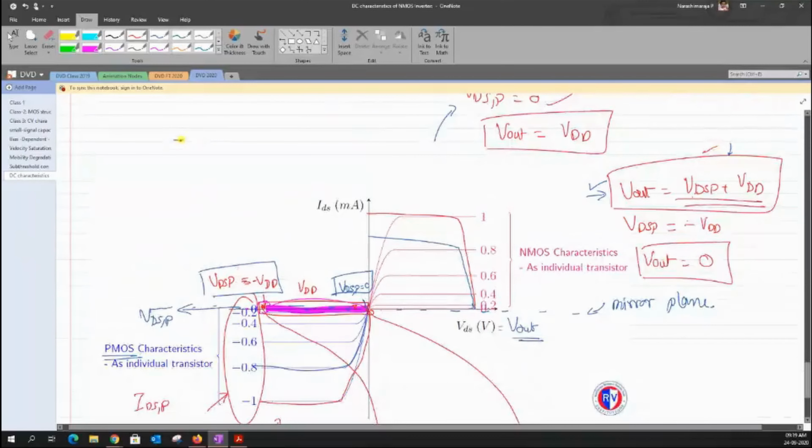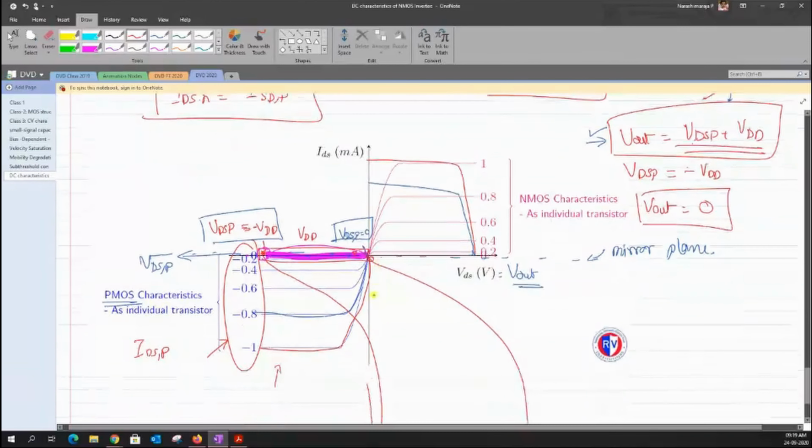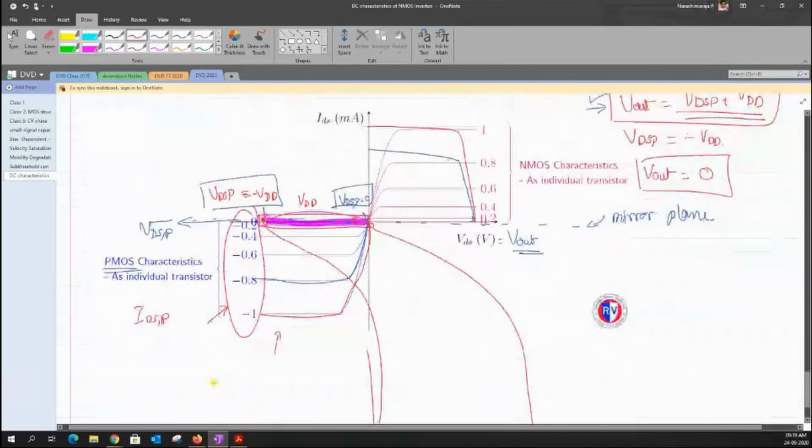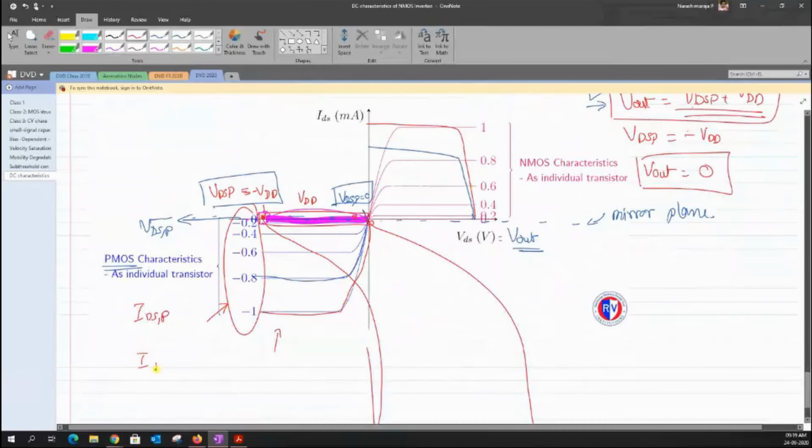And for the current, based on this relation, I can shift all of the negative values of currents to positive values just by inverting this. So the relation that I have here, that is IDSP, is nothing but this simple relation, by following which I can convert these negative currents into positive currents and then shift all of these points.